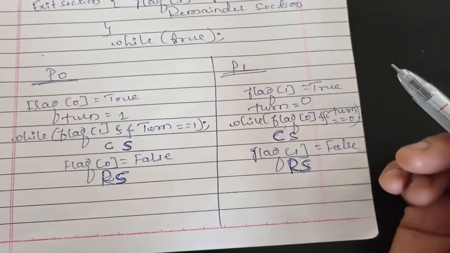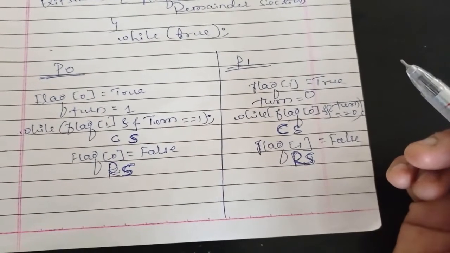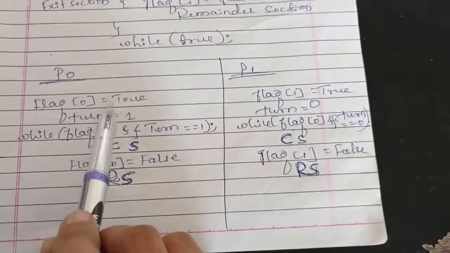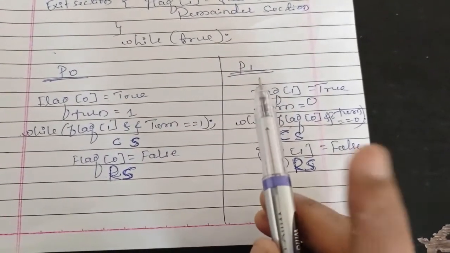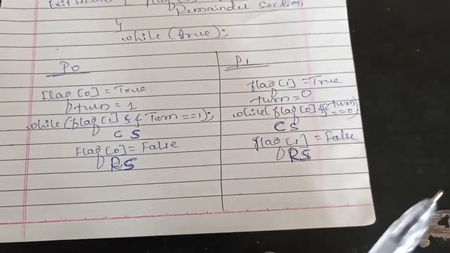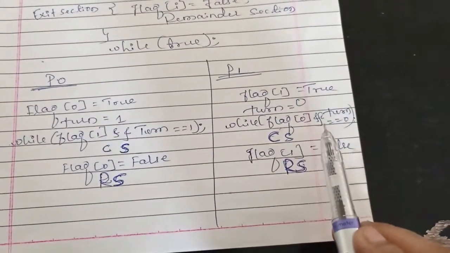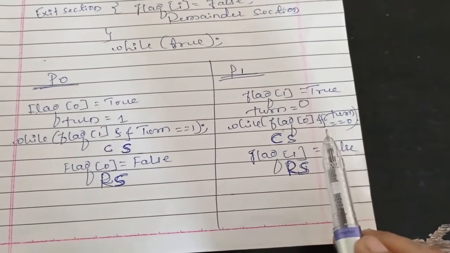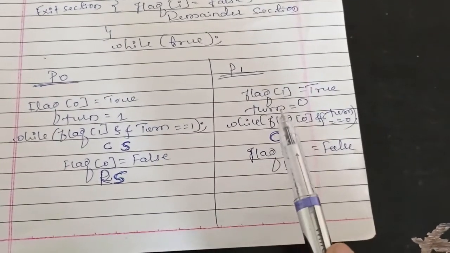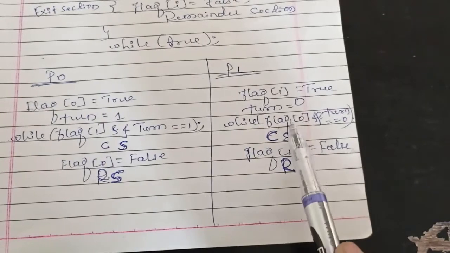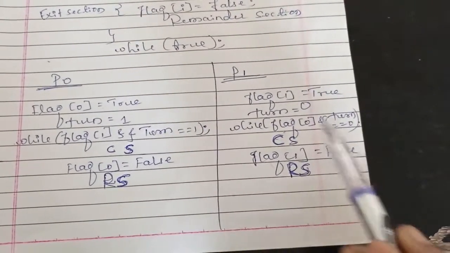So what is flag of 0 here? The flag of 0 is equal to true. It is true, right? And the condition we are checking with and is turn equal to 0. What is the value we have here? Turn is equal to 0. If both the conditions are true, it is going to wait.